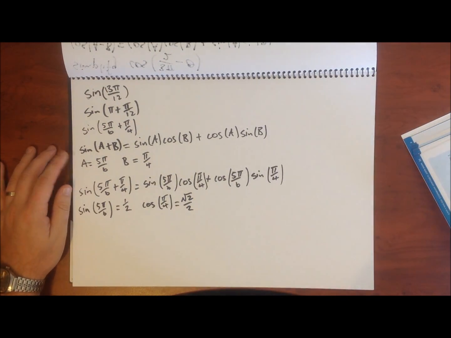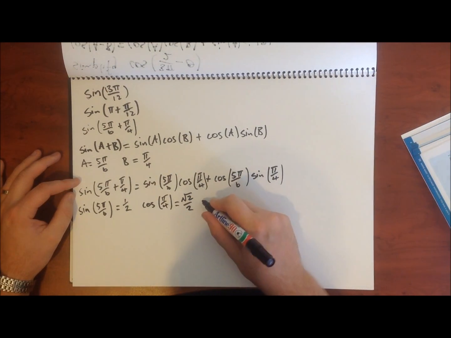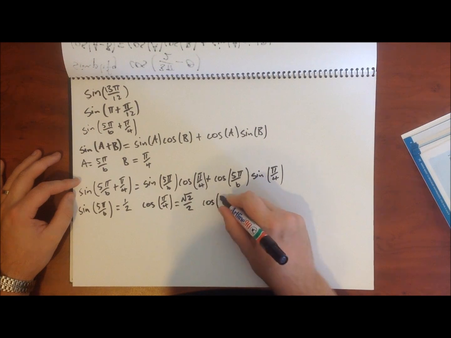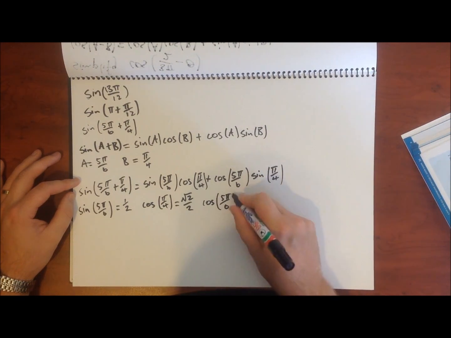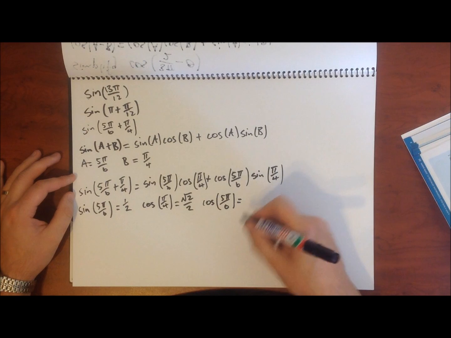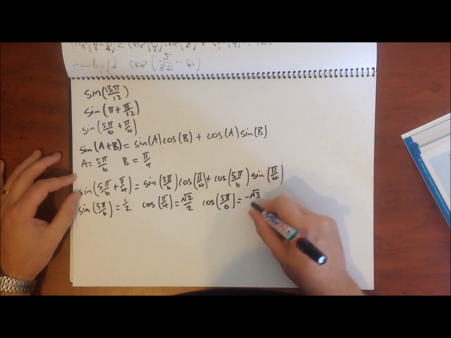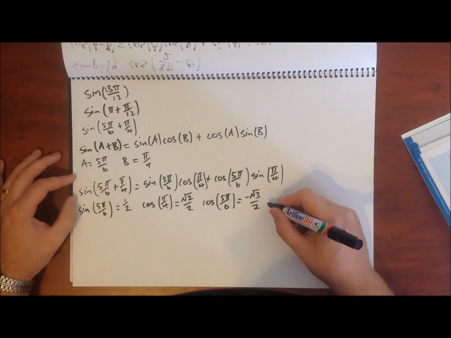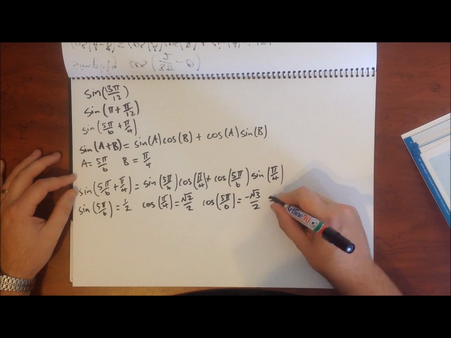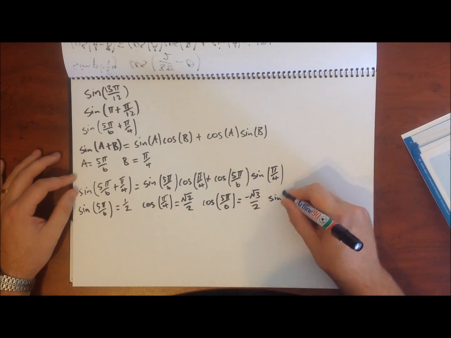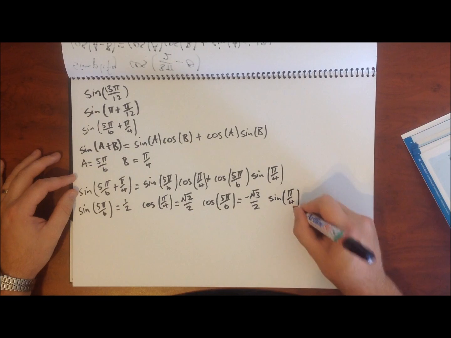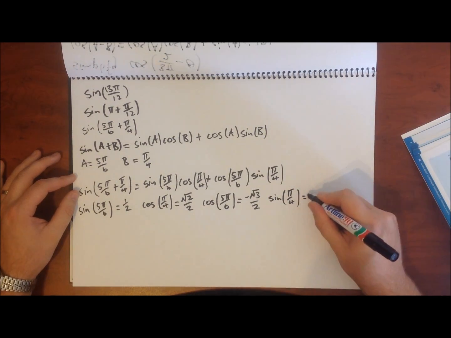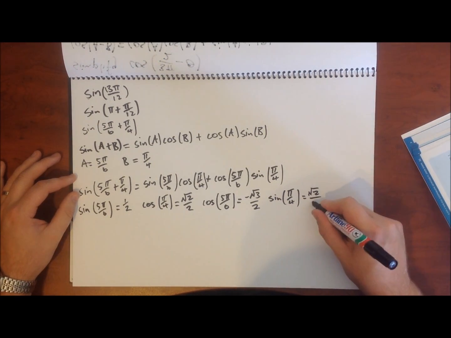Okay, we also know that cos of 5 pi on 6 is equal to negative root 3 on 2, and what have we got left? Sine of pi on 4 is equal to root 2 on 2.